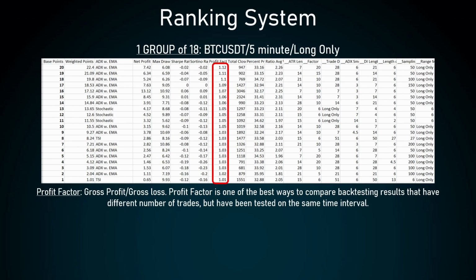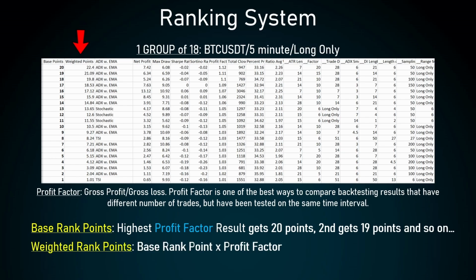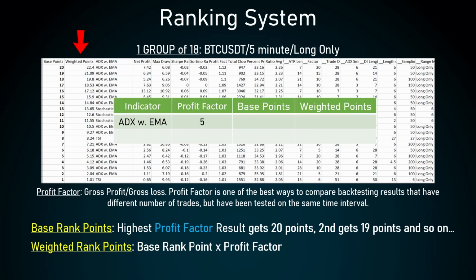So after I sorted all the 18 groups by profit factor, in each group I gave points to the 20 best results. The backtest result with the highest profit factor will get 20 points, the second best 19 points, and so on until 1. In a different column I also weighted the points, which is the base rank point multiplied by the profit factor. But why? Let's say in a group the top result has a 5 profit factor, and the second one only 1.5.